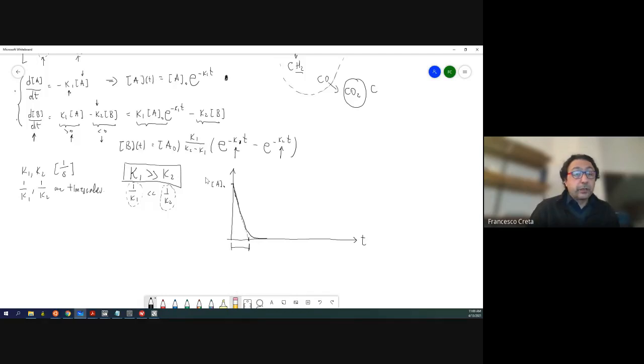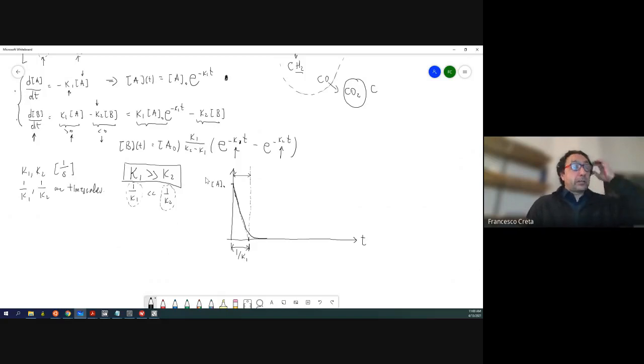So we can write down that this time scale here, from here to here, is actually the fast time scale. We can have a little line here to highlight the fact that we have a very fast temporal scale, from here to here, where the reactant A is fully depleted.